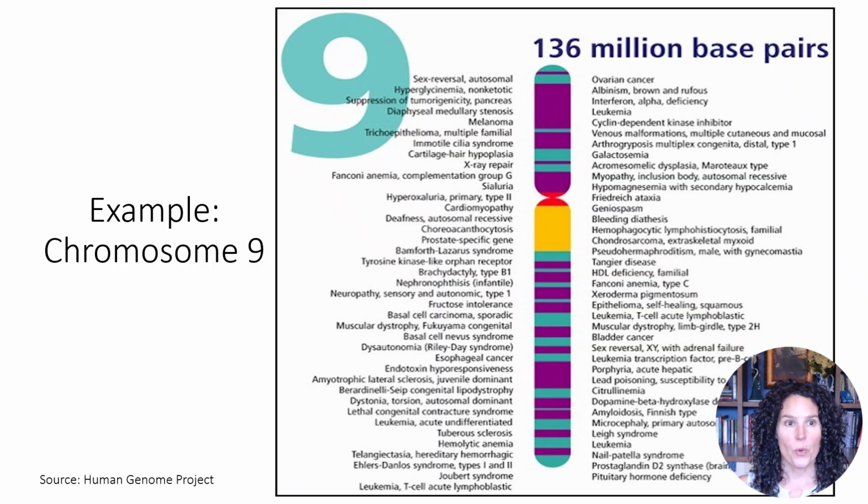Okay, so you may have heard of the Human Genome Project, which was an international project that began in 1990 and was completed 13 years later in 2003, mapping the entire genome. I'm old enough that I actually had a friend from college who worked on this after we graduated.